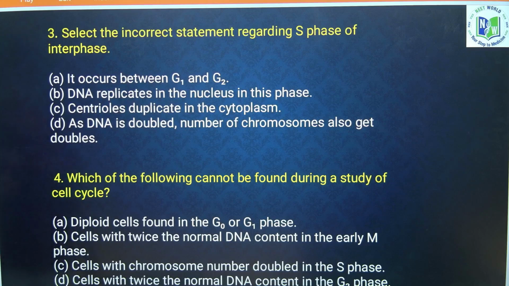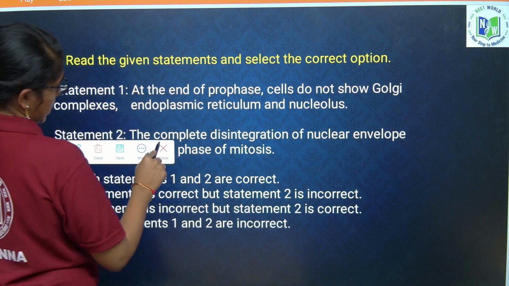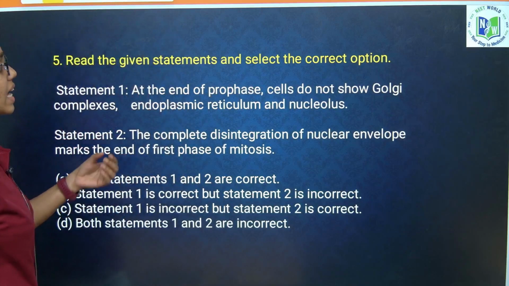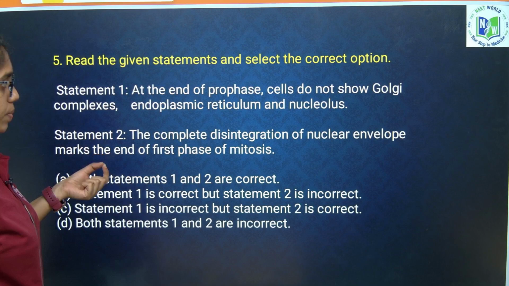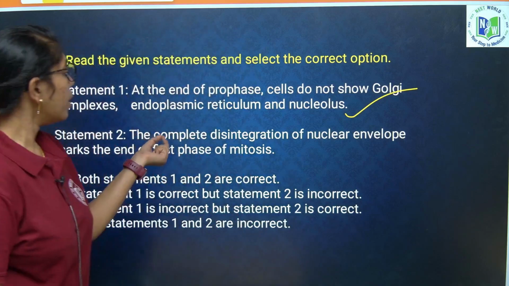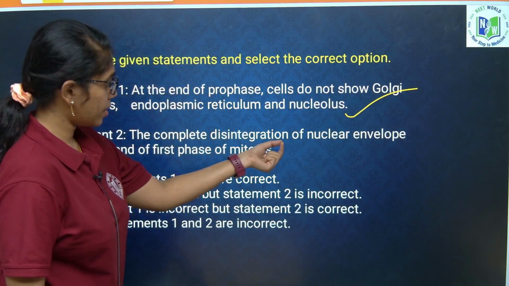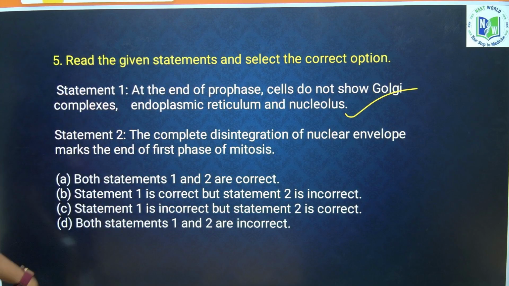Next question. Read the given statements and select the correct option. Statement 1 says that at the end of prophase, cells do not show Golgi complexes, endoplasmic reticulum and nucleolus, correct? The complete disintegration of nuclear envelope marks the end of the first phase of mitosis.